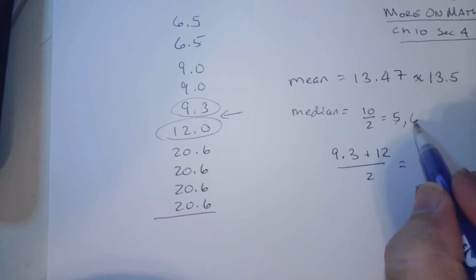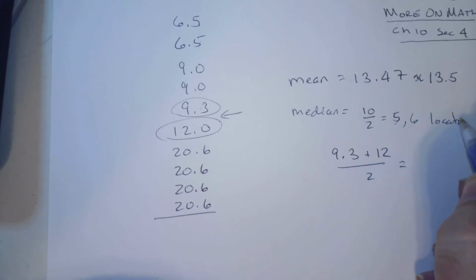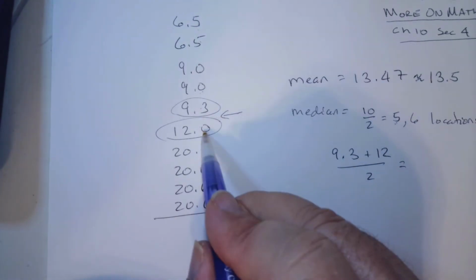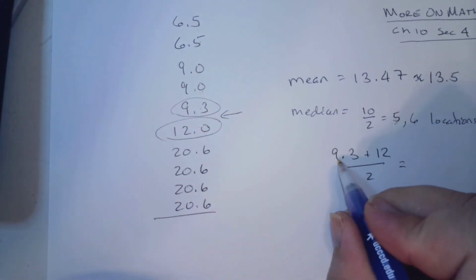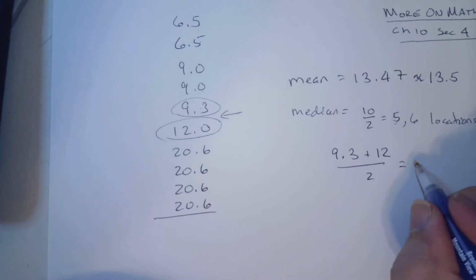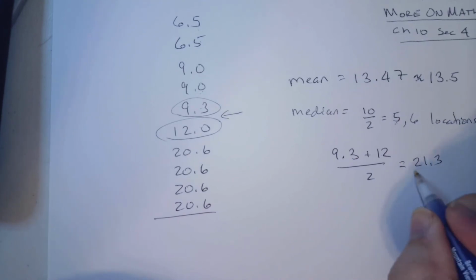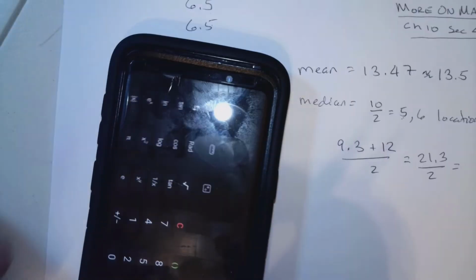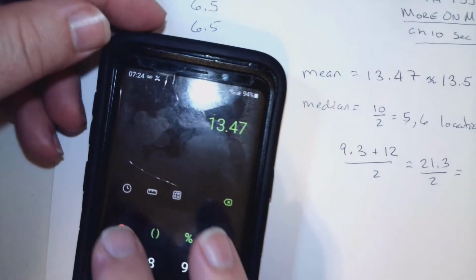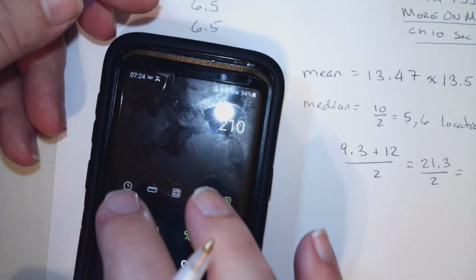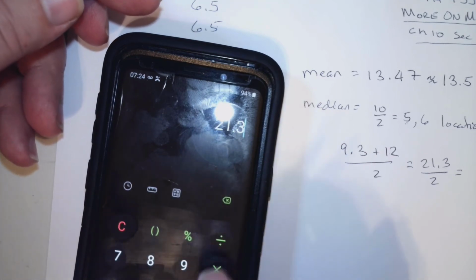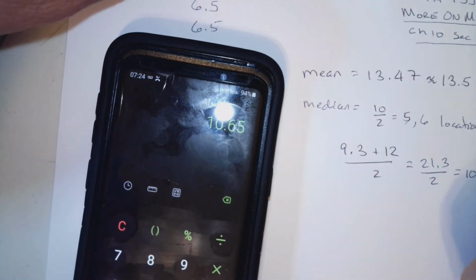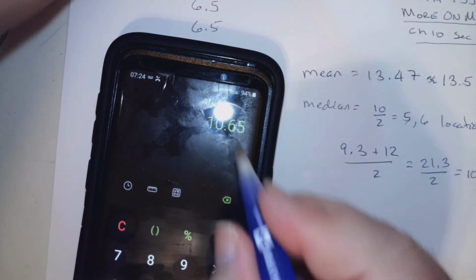So 9.3 plus 12 is 21.3 divided by 2, which equals 10.65, so we round up to 10.7.